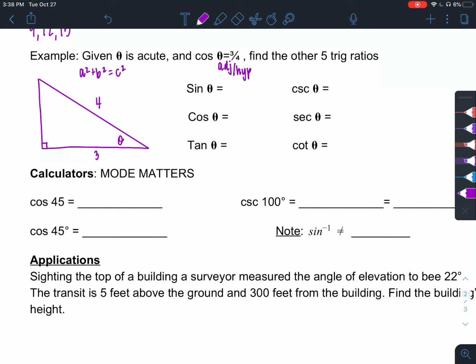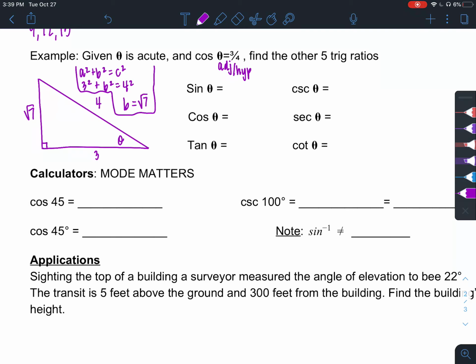So then I'm going to do 3 squared plus b squared equals 4 squared. What I do end up getting is that b is equal to radical 7, and we'll just leave it like that. Okay, so we get b is equal to radical 7.